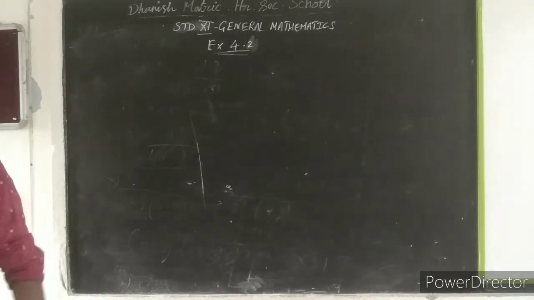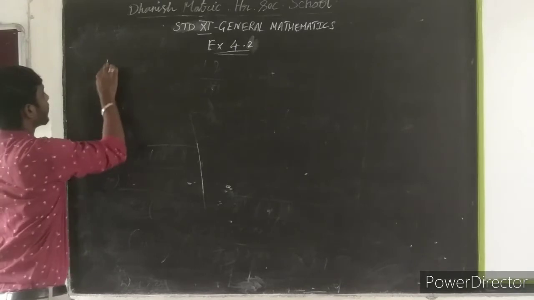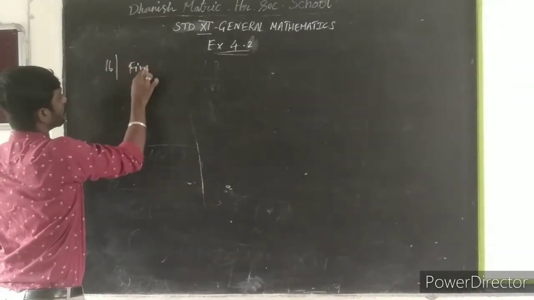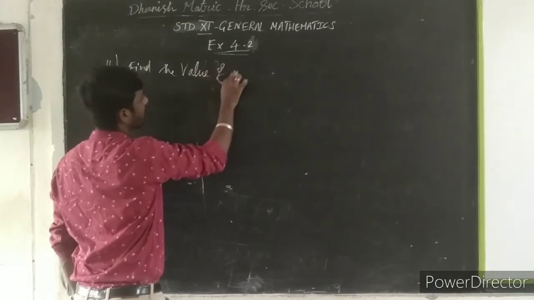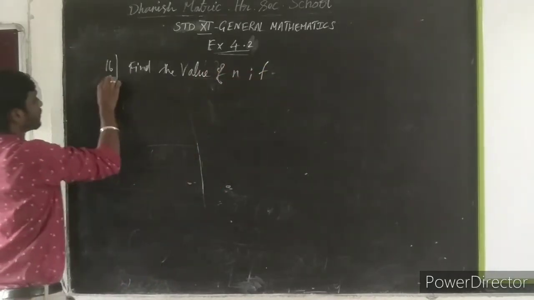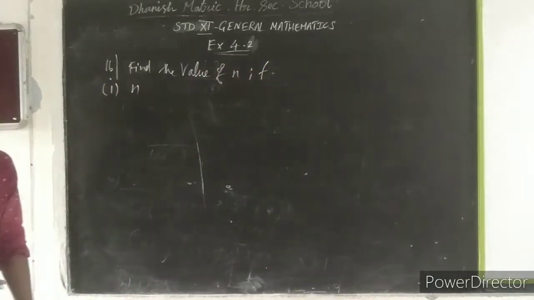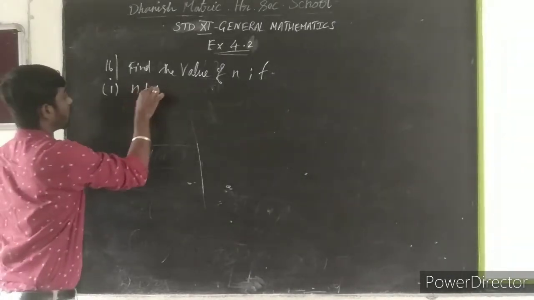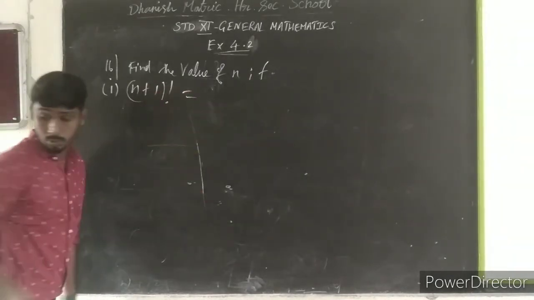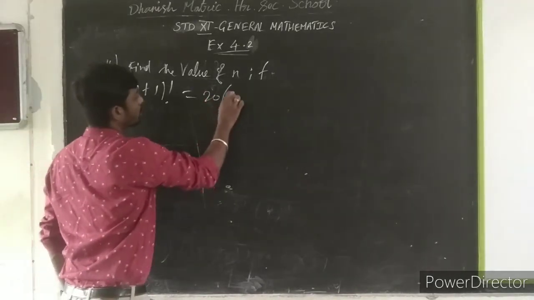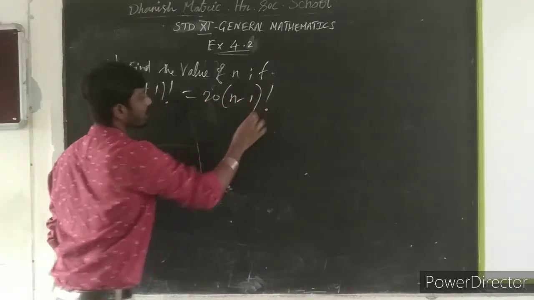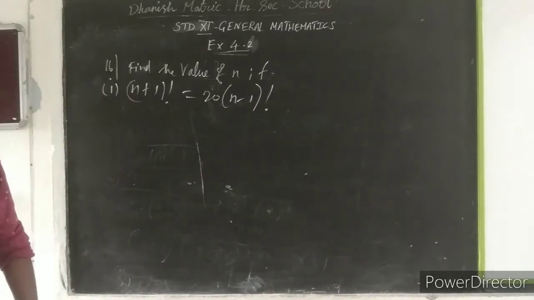So let's read the question. Find the value of n if n plus 1 factorial equals 20 into n minus 1 factorial.